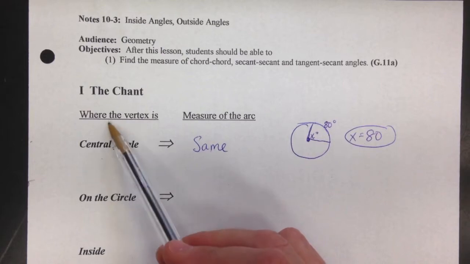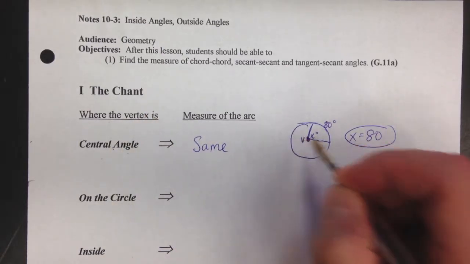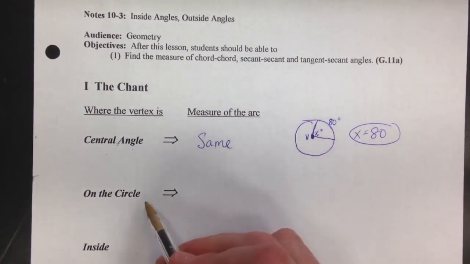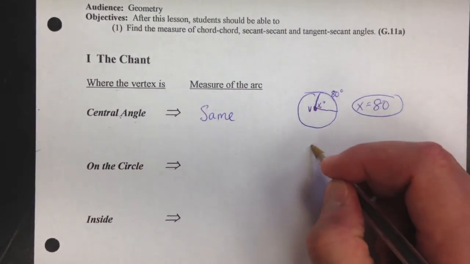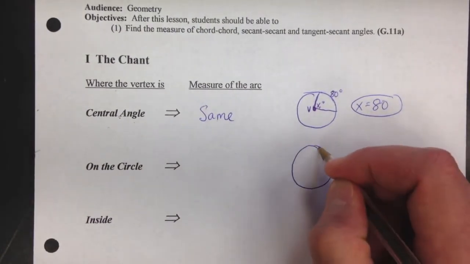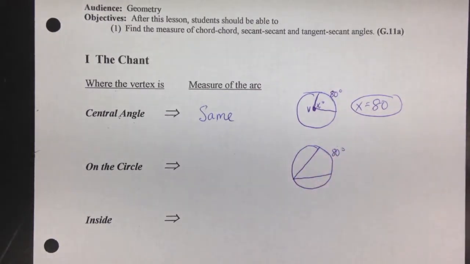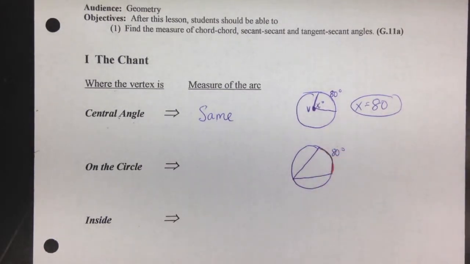The central angle is where the vertex is. The vertex is right there. Okay, there's my V for vertex. It's at the center. Now what happens if the angle is on the circle? Over here on the side, here's a circle. This time, we'll do 80 degrees again for the arc measure. Here's the arc measure that's intercepted or created.